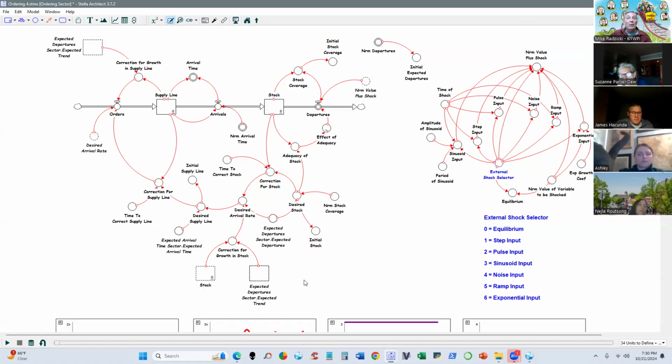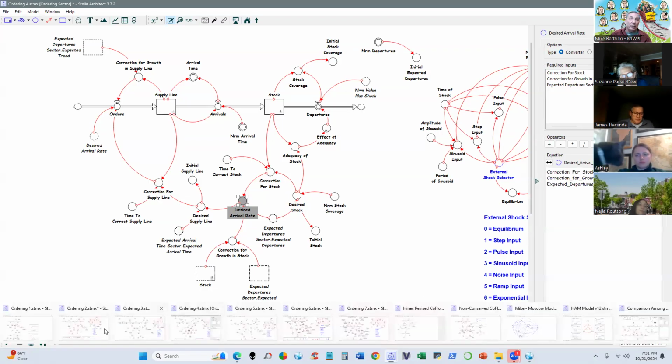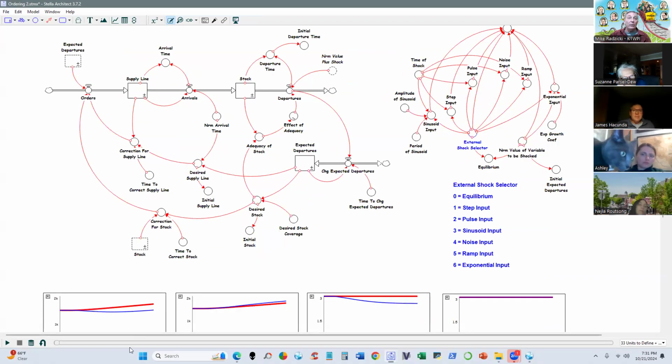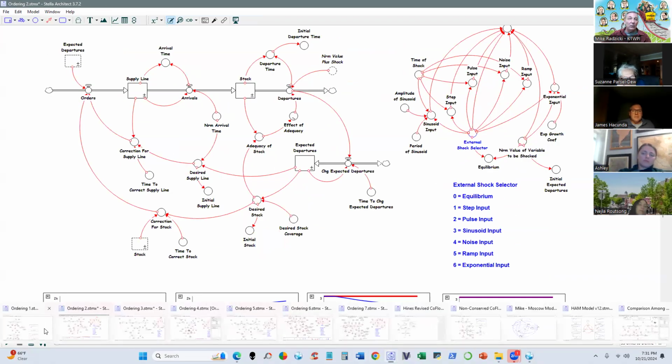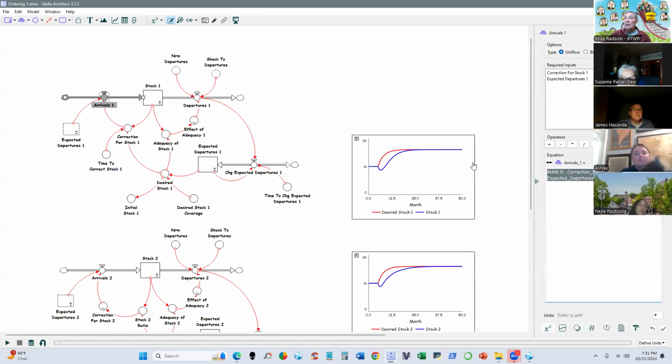All right. Anyway, if you think about it, correction for stock, now we've added the growth and expected departures. That's what's going on here. Correction for stock plus expected departures, but we added the growth.